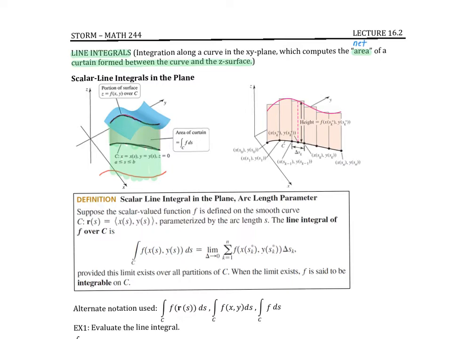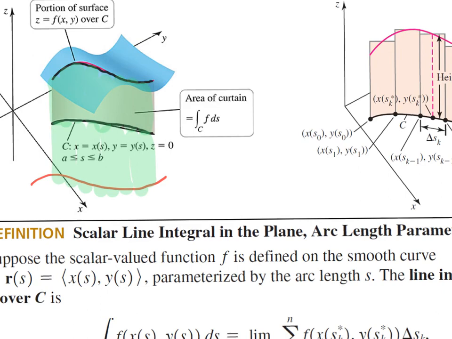The formula for a line integral, if you notice this integral has c for curve, so we're integrating over a curve, some function z, and notice that this is a ds. This ds is integrating with respect to what we call arc length.